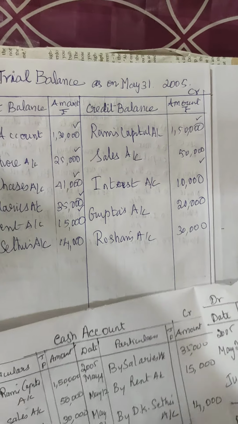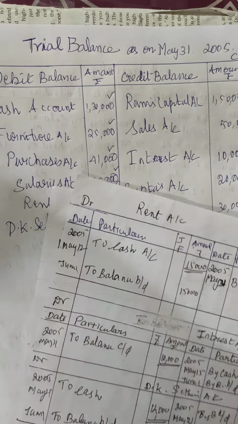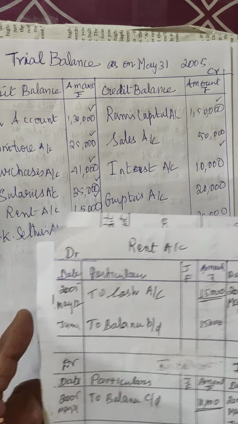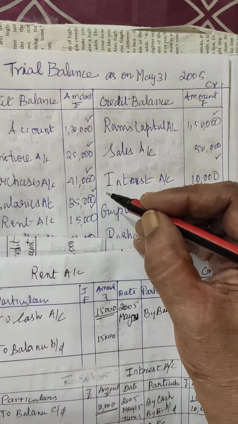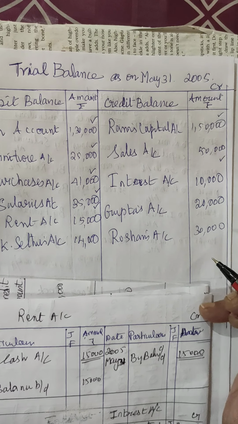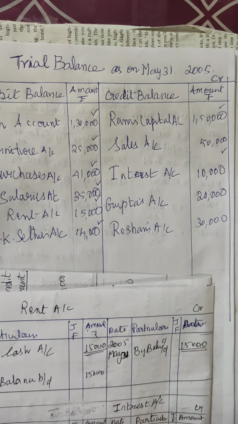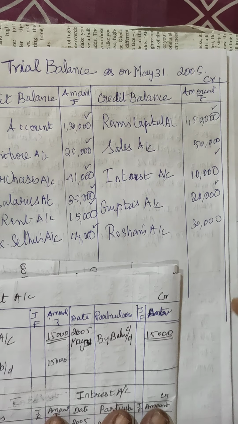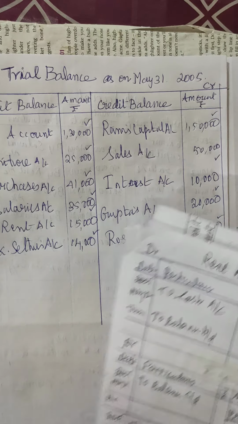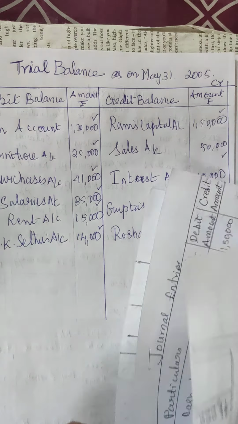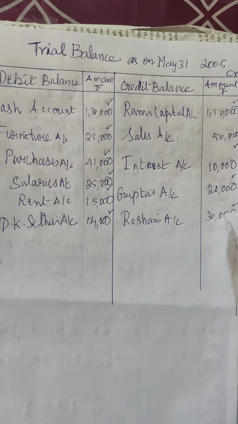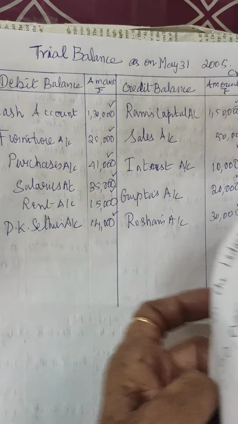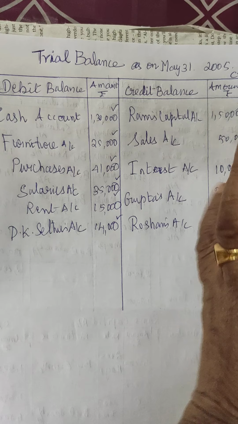Then Sethu's account 14,000 entered. Then comes Gupta's account 20,000 entered. Then Roshan's account 30,000. And now let us check the totals before going for the final accounts.